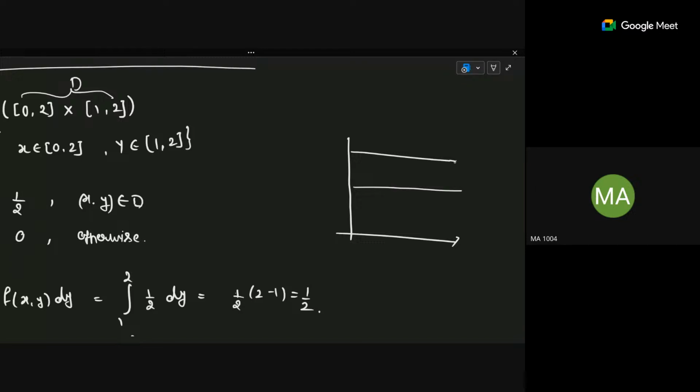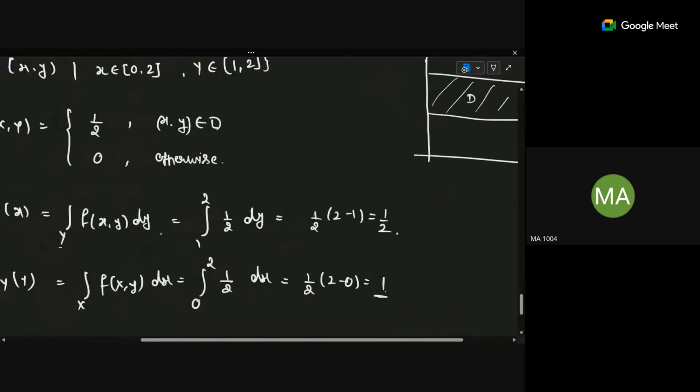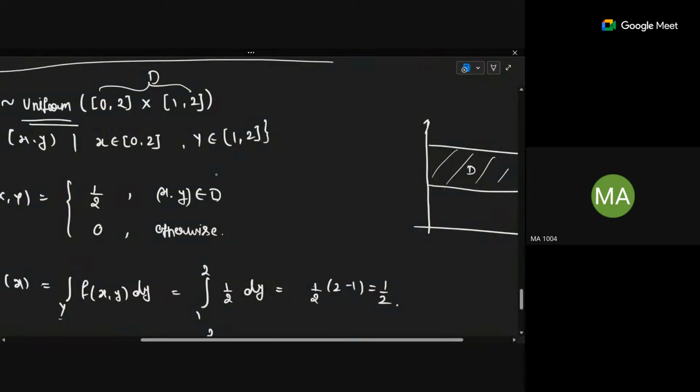It's not looking like a rectangle, but just consider it. So our region D is like this, and when we are integrating for fx of x, you can directly check from the region that the limits of y are 1 comma 2.